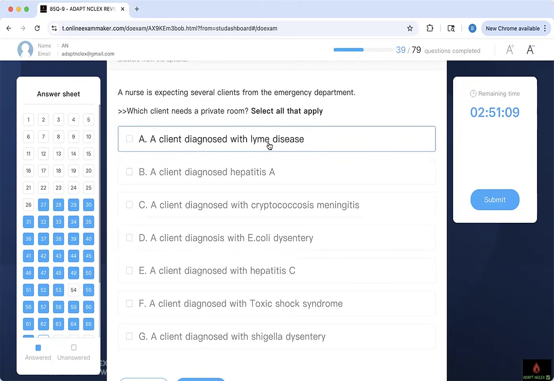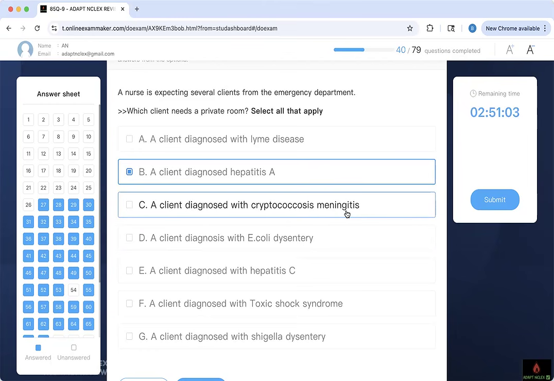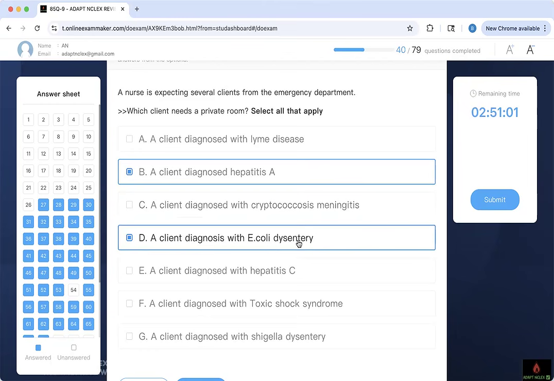I never put it there, so you have to pick it as contact. Crypto meningitis, standard precaution. E. coli is what? Contact, therefore private room. Hepatitis C, standard precaution. Toxic shock syndrome, standard precaution.